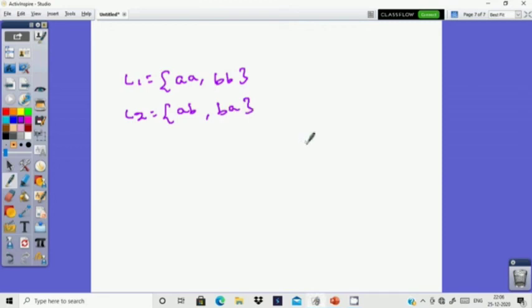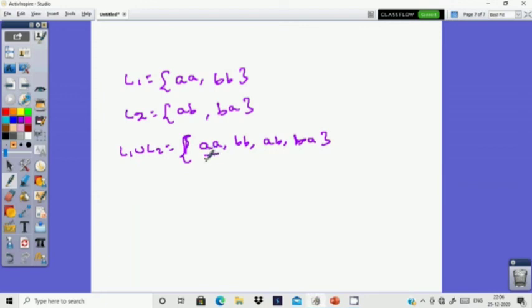So these are the 2 languages. Now if I try to merge L1 union L2, all these things have to be put in the set here. So what is that? AA, BB and AB, BA will be the answer.